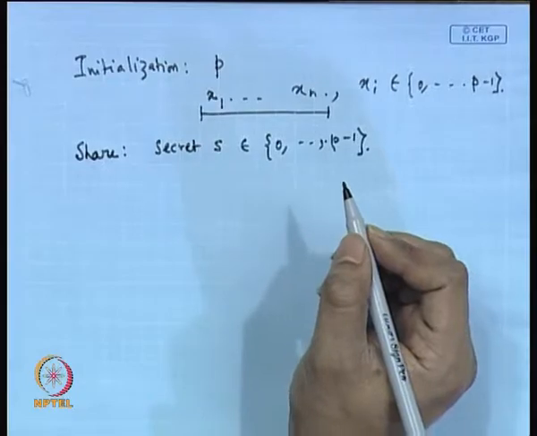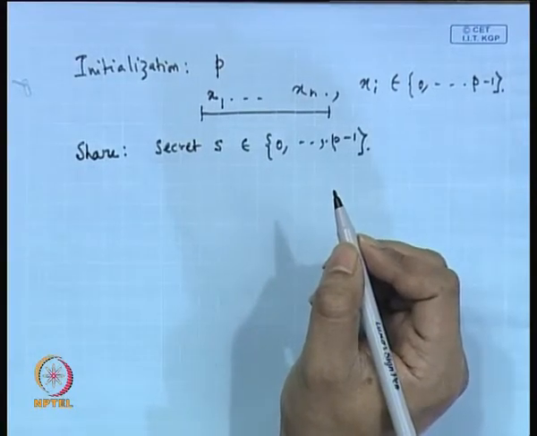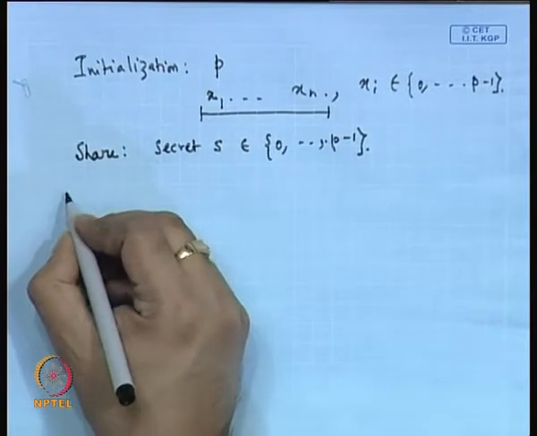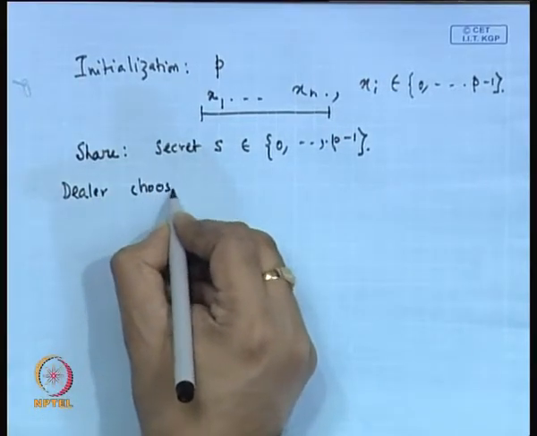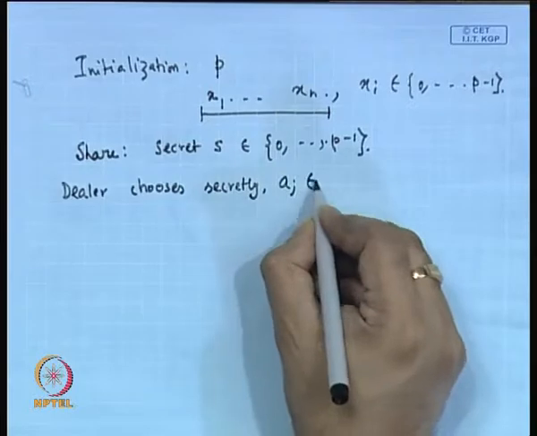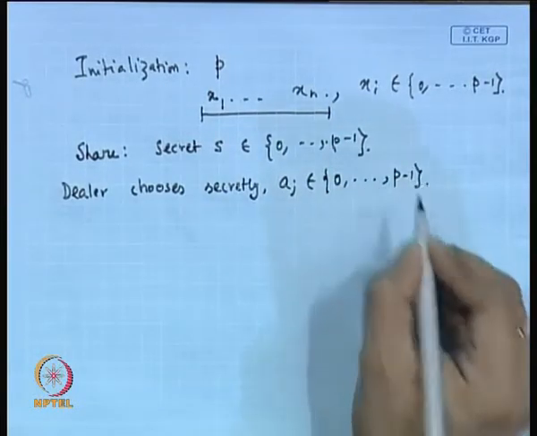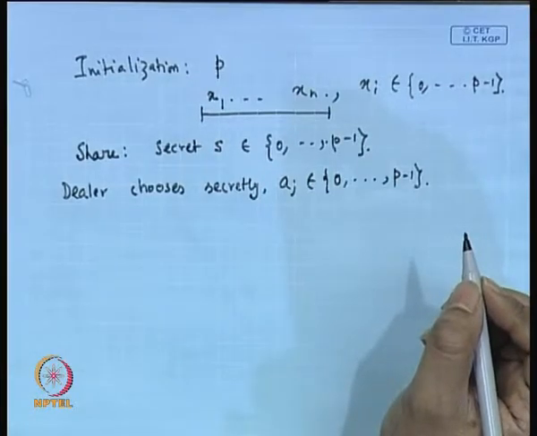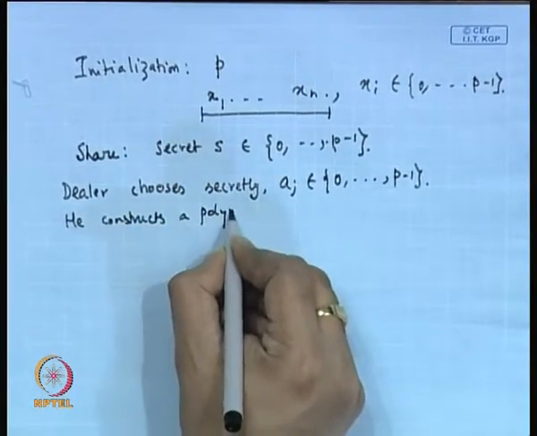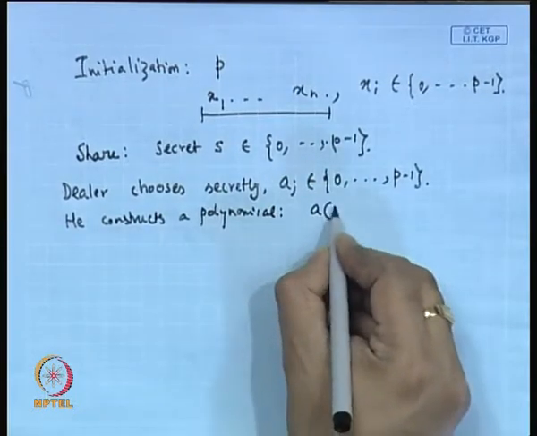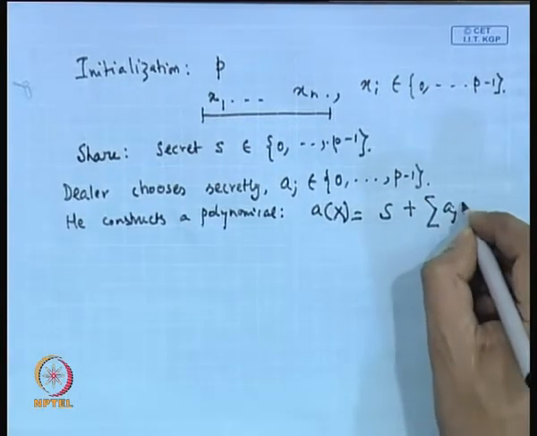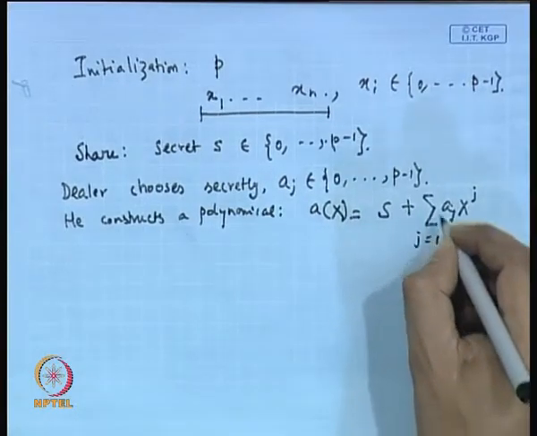So, what the dealer does is the dealer secretly chooses some coefficients of a polynomial, aj, where aj varies from 0 to p minus 1, and constructs a polynomial of this nature, that is a(x) is given by s, which is the constant, plus the sum of aj x to the power of j, with j being varied from 1 to t minus 1.